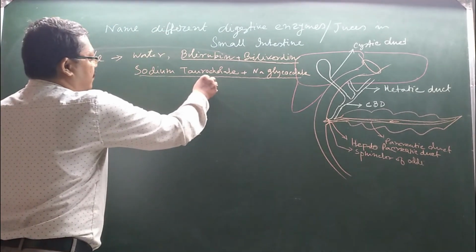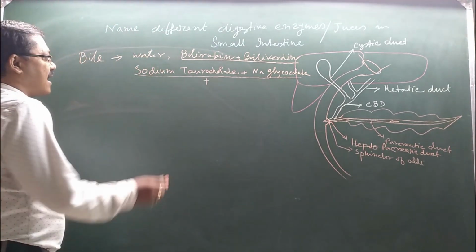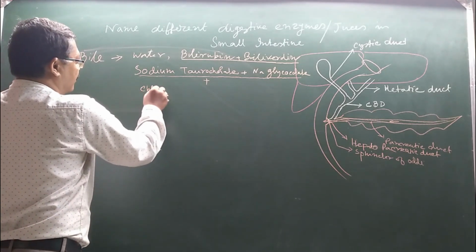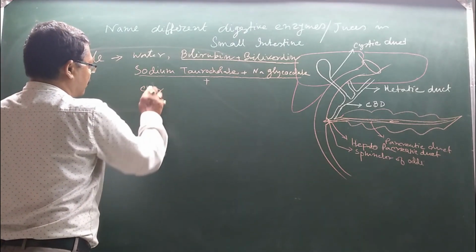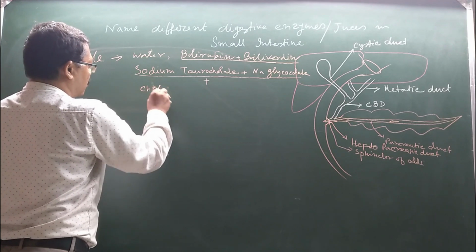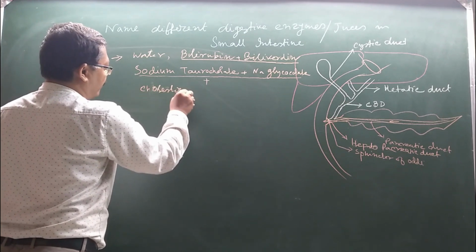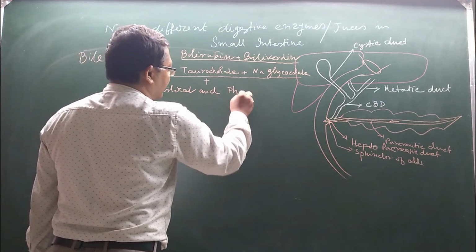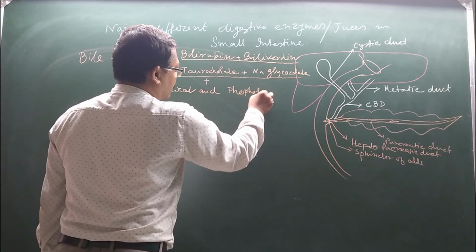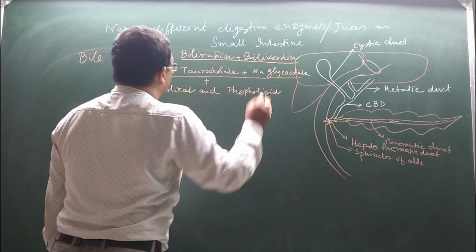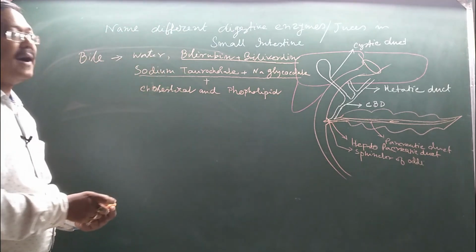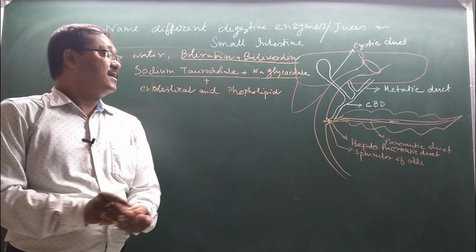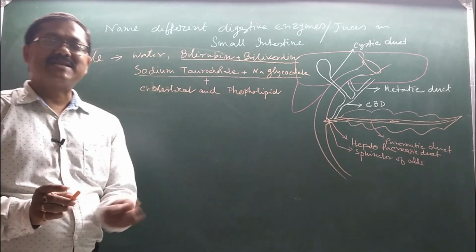Other than these two bile salts, other components are cholesterol and phospholipid, which is lecithin. These are the major components of the bile, but here no enzyme is present.